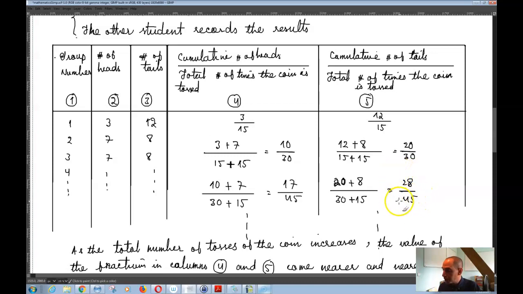And that's basically called the empirical probability of, for example, getting tails. So again, the empirical probability depends on the number of trials undertaken and the number of times the outcomes you're looking for come up in those trials.